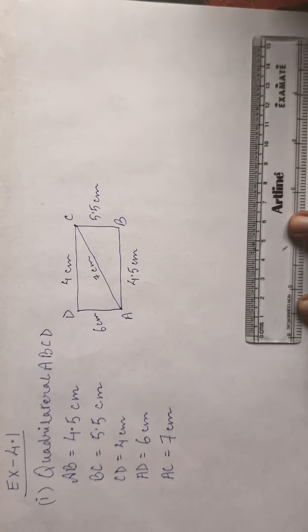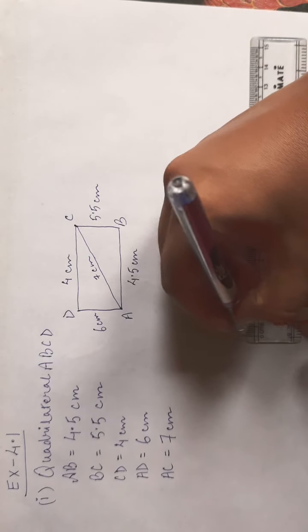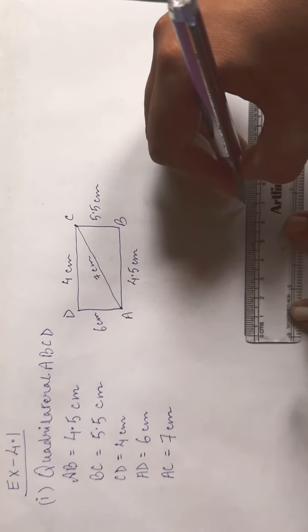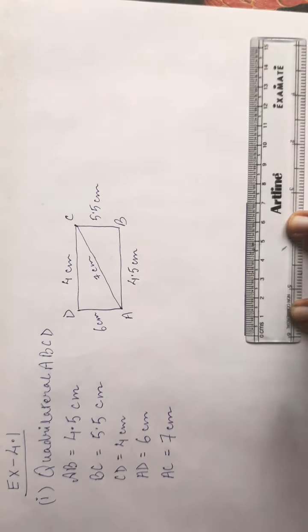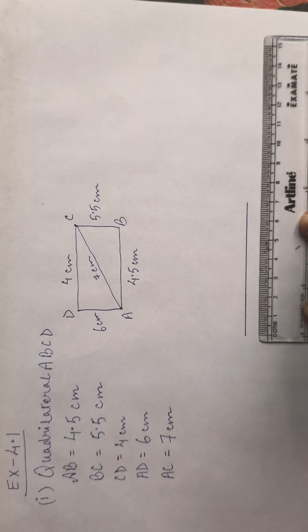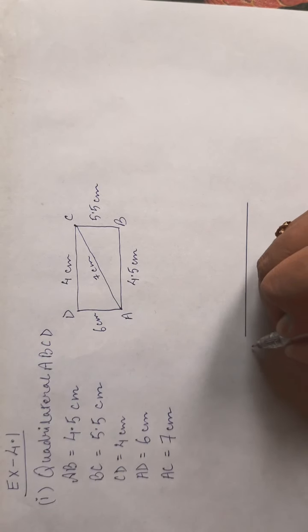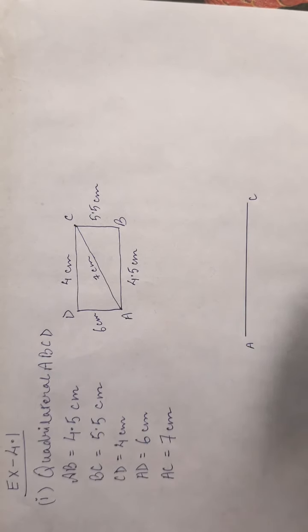So from this point 0 to 7 centimeter I will be drawing. Okay, so I have drawn. Let me name it. It's AC. I have first drawn the diagonal.